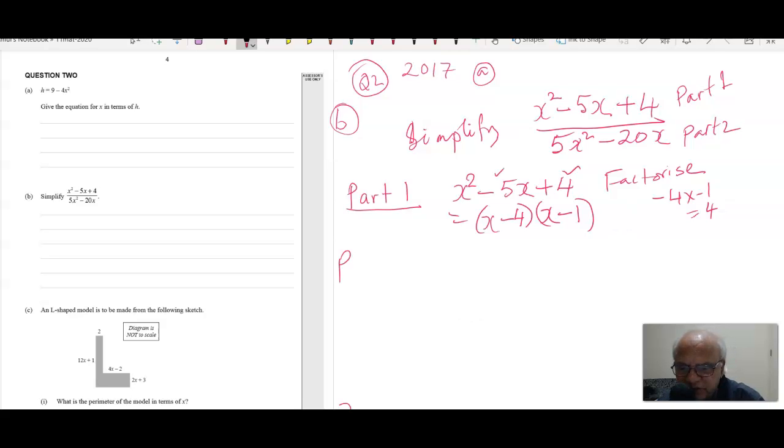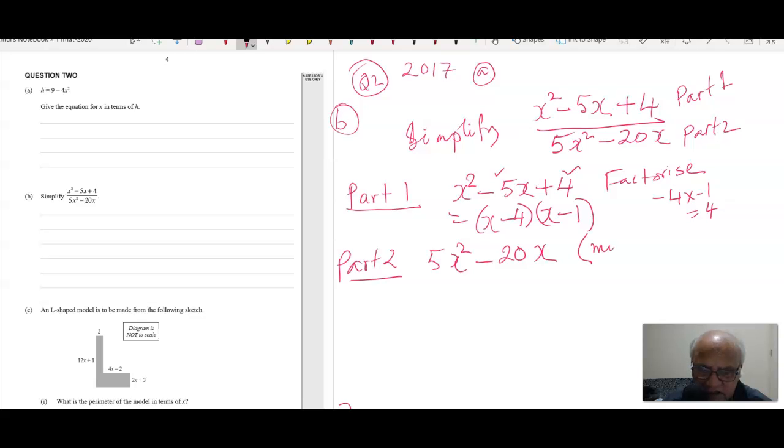Right, for part 2, which is the bottom expression, which is 5x squared minus 20x. Right? And this is a very special situation with the quadratic.